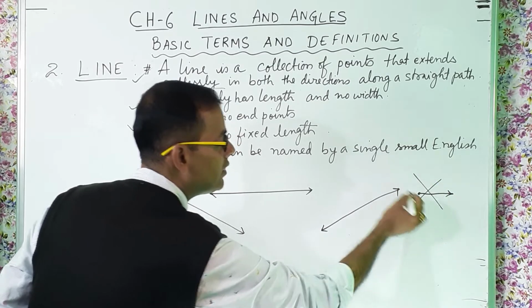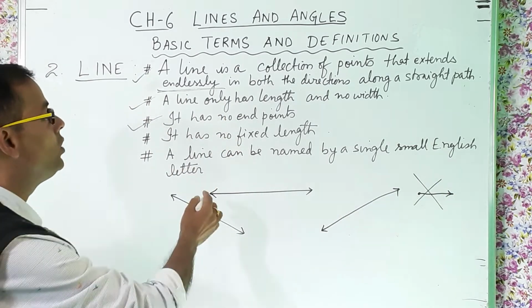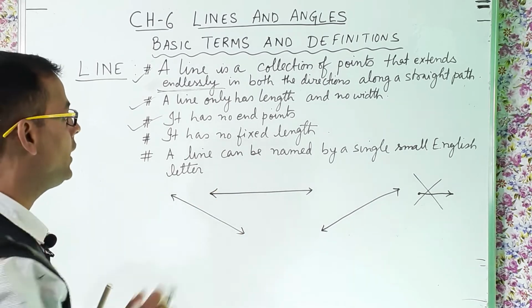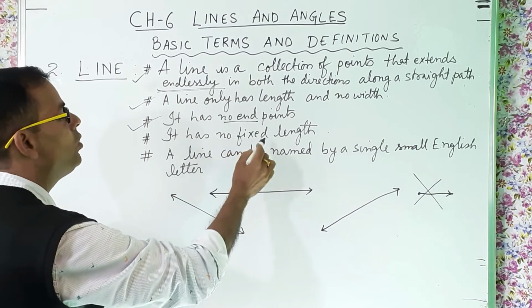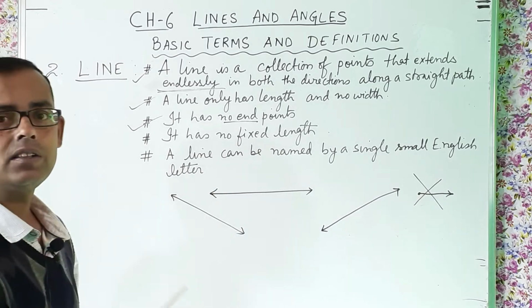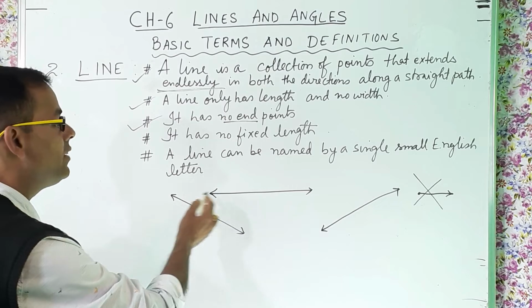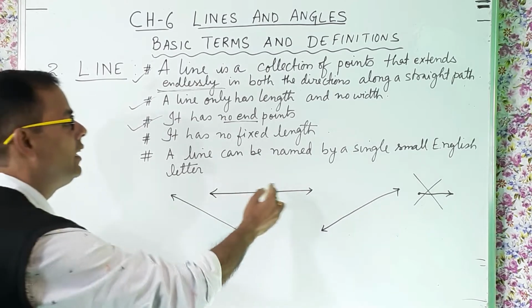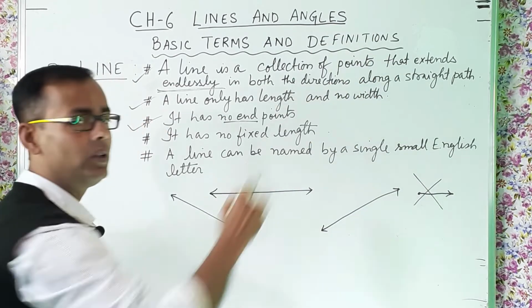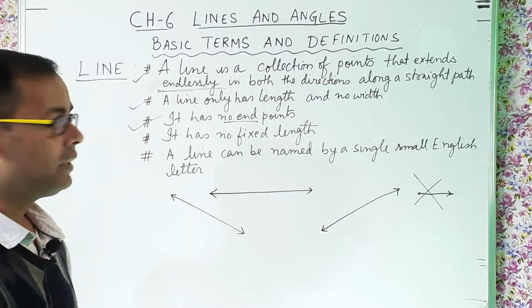In a line it is not there. It has no end points. Then it has no fixed length. Fixed length is not there, because when there are no end points, this line is going on moving on this side. So fixed length is not there.